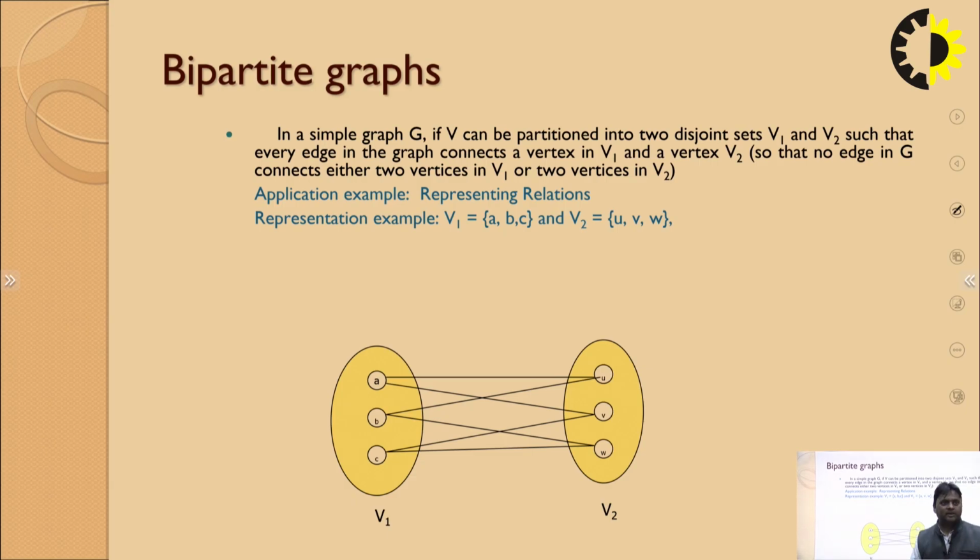Next topic is bipartite graph. Here I will not go into detail, as I discussed it in detail in the previous lecture, so I am not going into the depth of this topic.